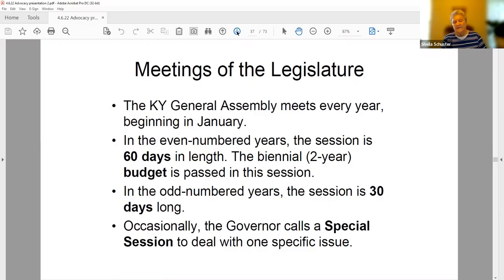And then the sessions in the odd numbered years are 30 days long. And then only the governor can call a special session, and it has to be about one specific issue. So you may remember in September of 2021, there was a 5-day session devoted to COVID and some of the measures around the emergency period in COVID. Next, please.